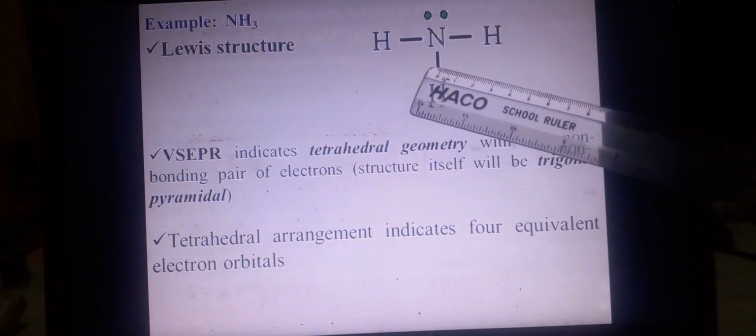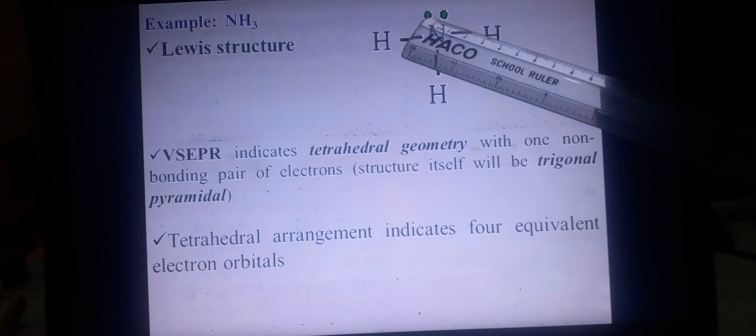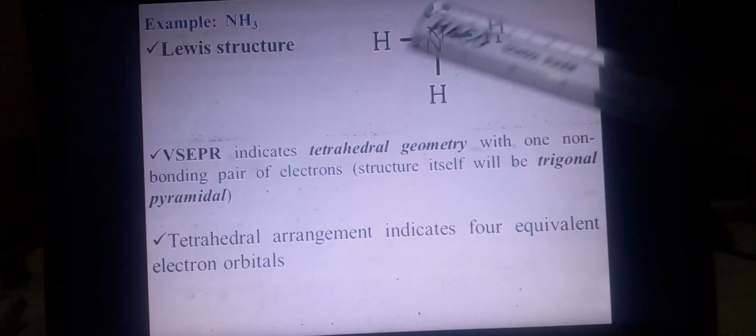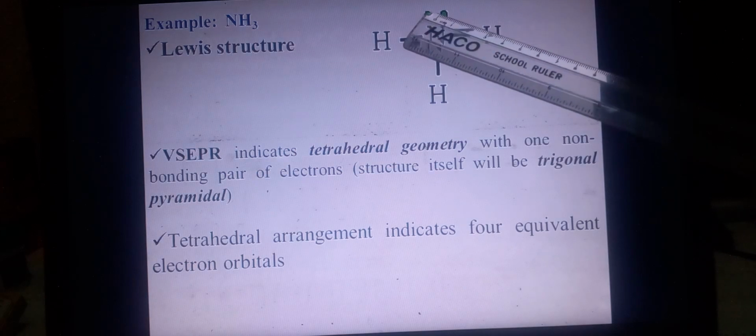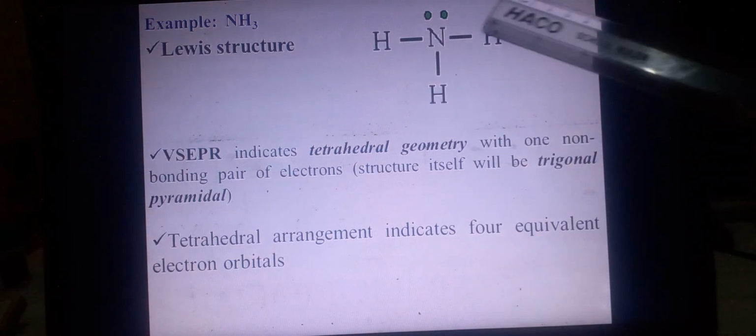So this one is the Lewis structure of ammonia, as you can see. Nitrogen has 3 covalent bonds, and you put the lone pair of electrons. If you use the valence shell electron pair repulsion to determine this geometry, it's called tetrahedral, because we also include this lone pair of electrons, 1, 2, 3, 4. So you assume it is a tetrahedral kind of shape.